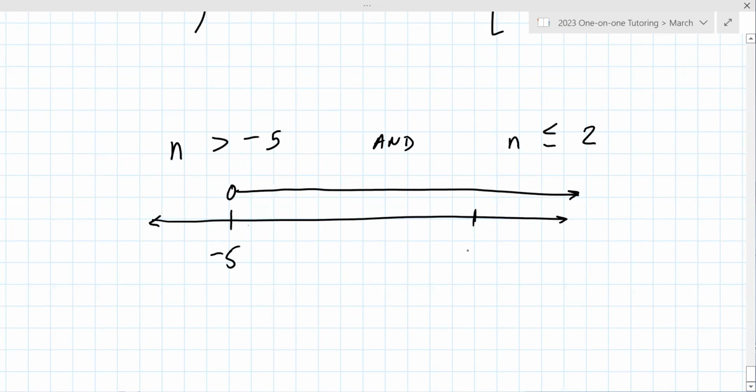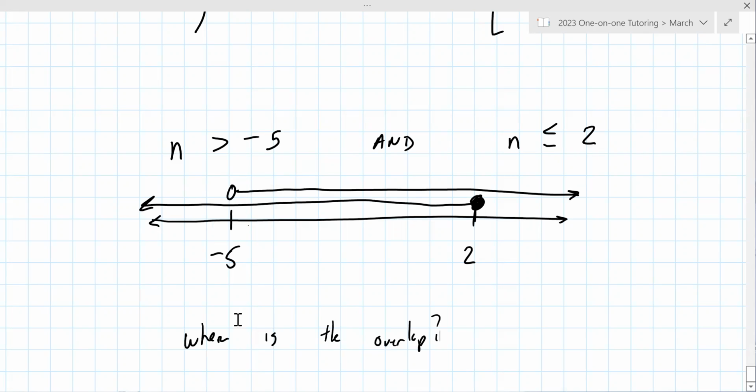And then the other one is at 2, and it's all the numbers to the left of 2. This is not the answer. There's a bit more to do. You have to figure out where the overlap is. Where is the overlap?